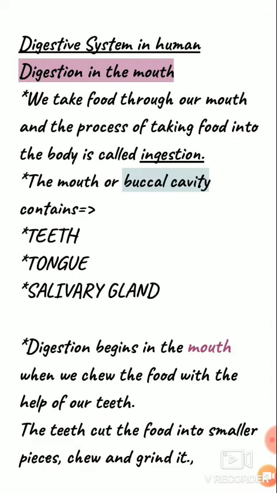Digestion begins in the mouth when we chew the food with the help of teeth. The teeth cut the food into smaller pieces, chew it, grind it. The tongue also helps in many ways, and so do the salivary glands. One by one we will know about it. So digestion starts from the mouth itself.